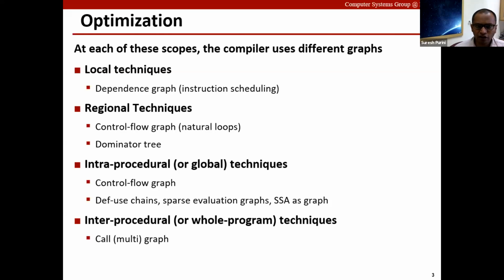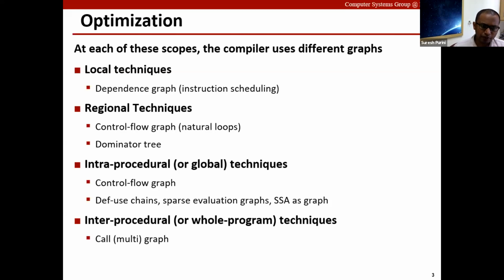For example, in order to do instruction scheduling, a data structure called a dependency graph will be constructed. And in today's lecture, where we do common sub-expression elimination within a basic block, you will see what kind of data structures will be created by that optimization pass.